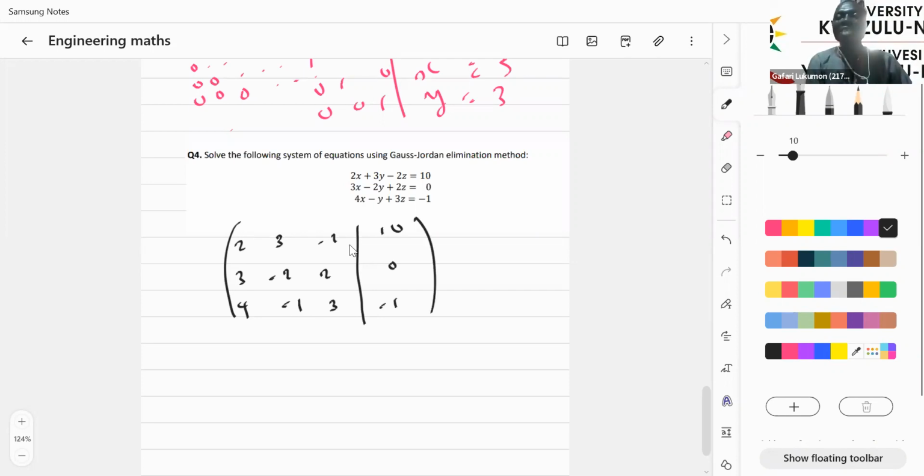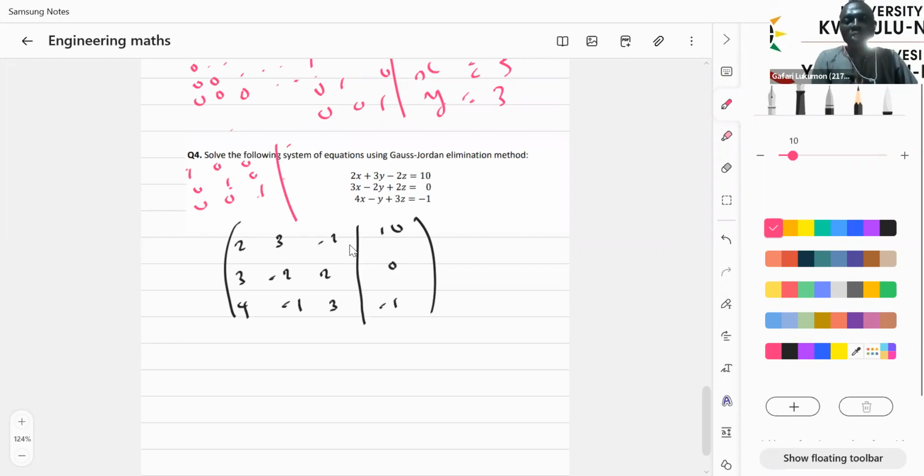So what are we interested in? We are interested in reducing this matrix to 1, 0, 0, 0, 1, 0, 0, 0, 1. So that at the end of the day, we can just say our X is the value of this, Y is the value of this, and Z is equal to the value of this. Okay, now, should we start?